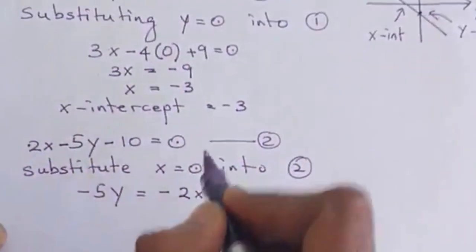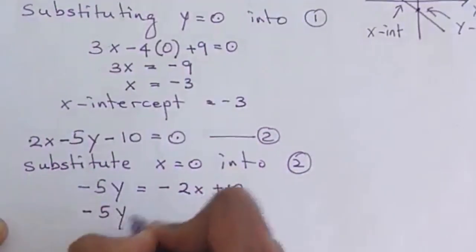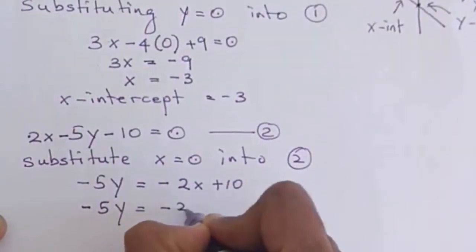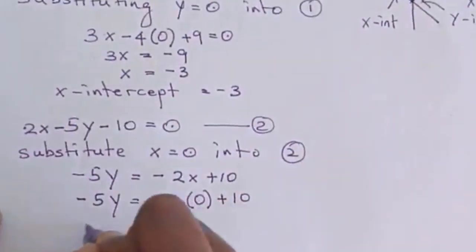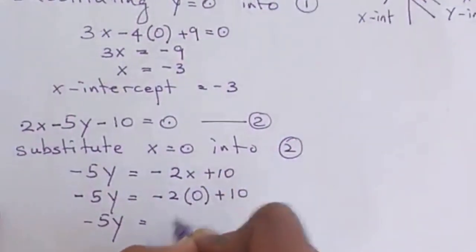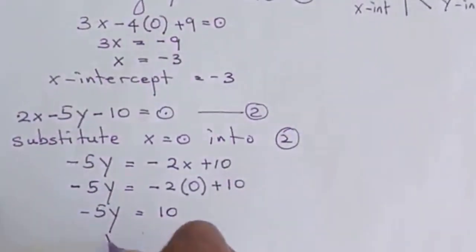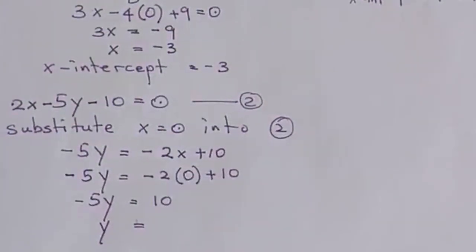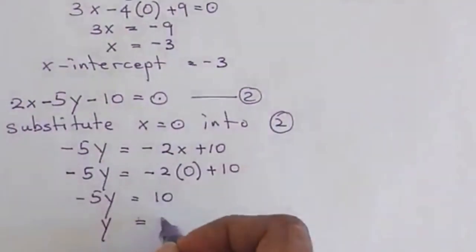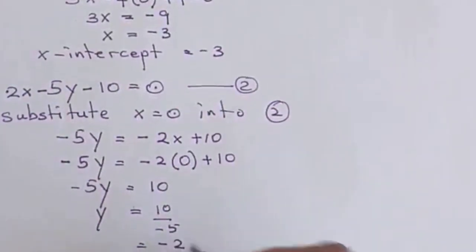Now when I substitute 0 for x, negative 5y equals negative 2 times 0, plus 10. That's gone because it goes to 0, so negative 5y equals 10. To isolate y, I divide both sides by negative 5. 10 divided by negative 5 is negative 2.